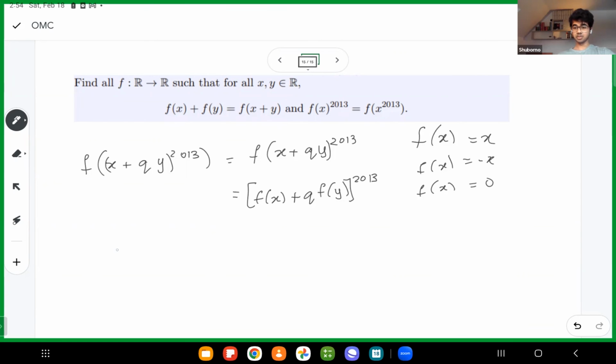Oh, but f might not be polynomial. I mean, f is not a polynomial, but we get... not necessarily even, but I think even the next power should work, right? I think what you should be getting is something like this. I think this should be true though.